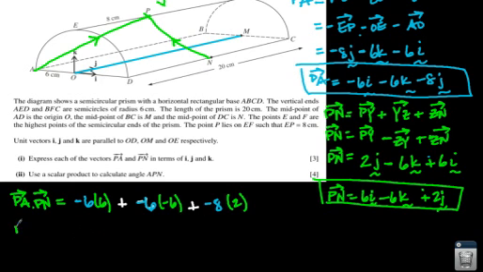Okay, so we end up with negative 36 plus 36 minus 16, which is negative 16. So that's the scalar product or the dot product.